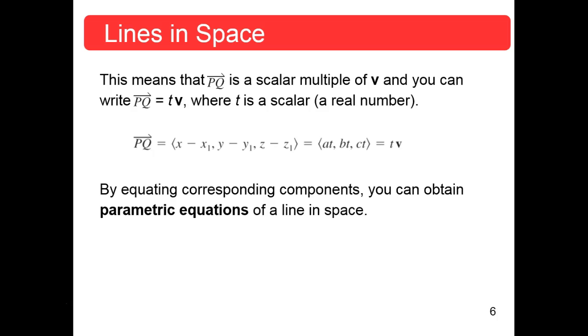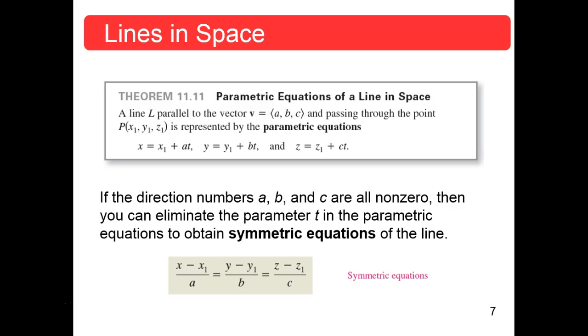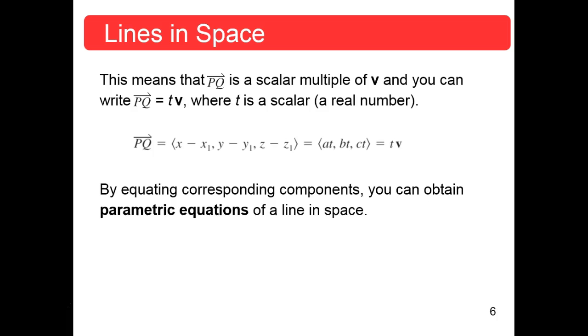equating the corresponding components, you can obtain the parametric equations of the line, with t as your parameter: x equals x1 plus at. In other words, x minus x1 is equal to at, so add x1 to both sides and you get x equals x1 plus at.